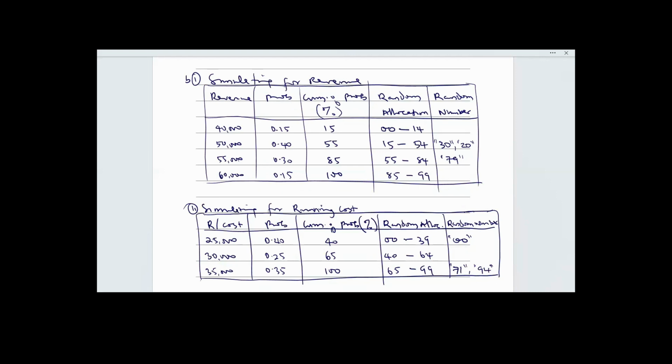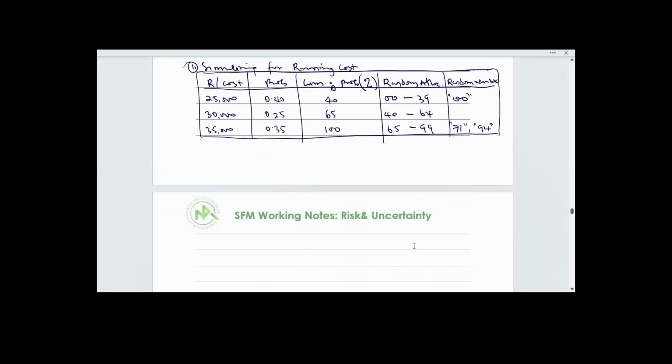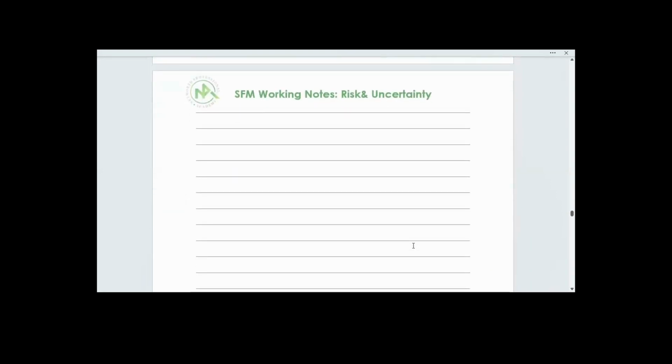Because we have 3 set numbers, we are going to be pairing the simulation for each variable, the simulation for inflow and outflow together for each set. In this case, I will come here, calculating expected net present value, set 1.